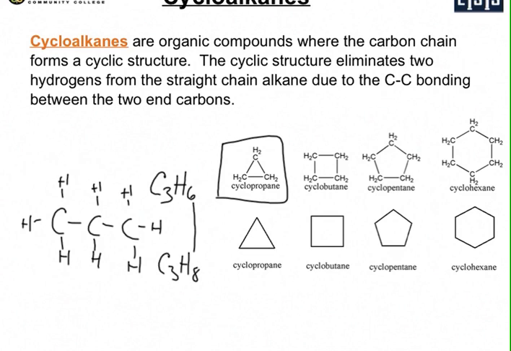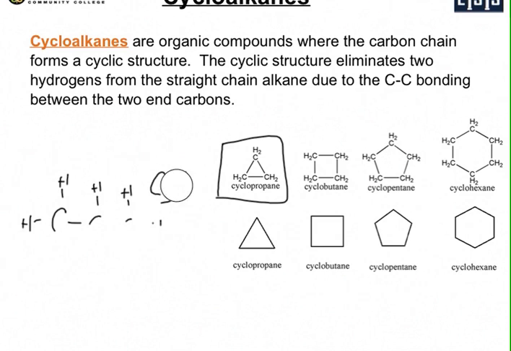So cyclopropane will have 2 fewer hydrogens than the straight chain propane. That's one unique feature of cycloalkanes that is important to realize as you move forward in your course here.